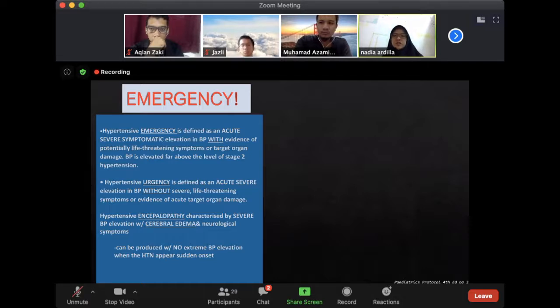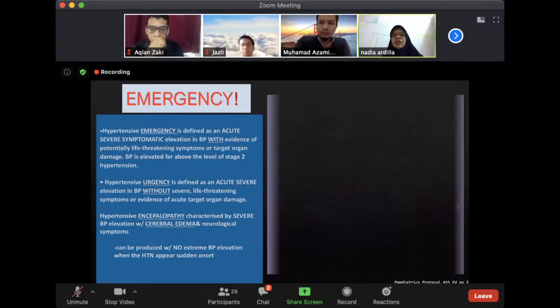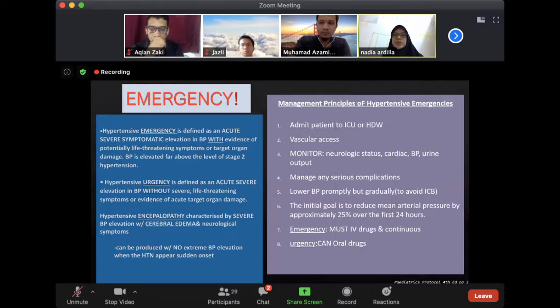So if this happens, how do we manage them? For management of hypertensive emergency, first admit them at least to a high dependency ward or ICU. Then we have to have vascular access for any pharmacological treatment. We need to monitor their vital signs, neurological status, cardiac status, BP, and urine output, and manage any serious complication that exists at that time.